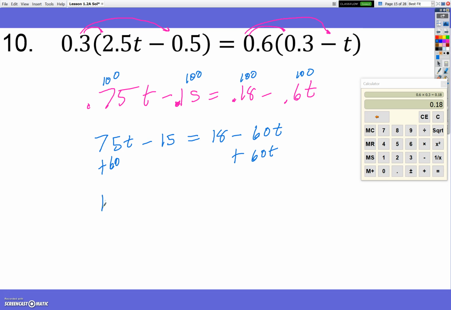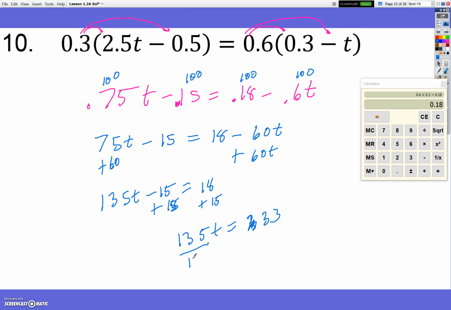This would give me 135t minus 15 is equal to 18. Now I'm going to add 15 on both sides of the equal sign to get 135t is equal to 33. Our last step is I'm going to divide both sides by 135.